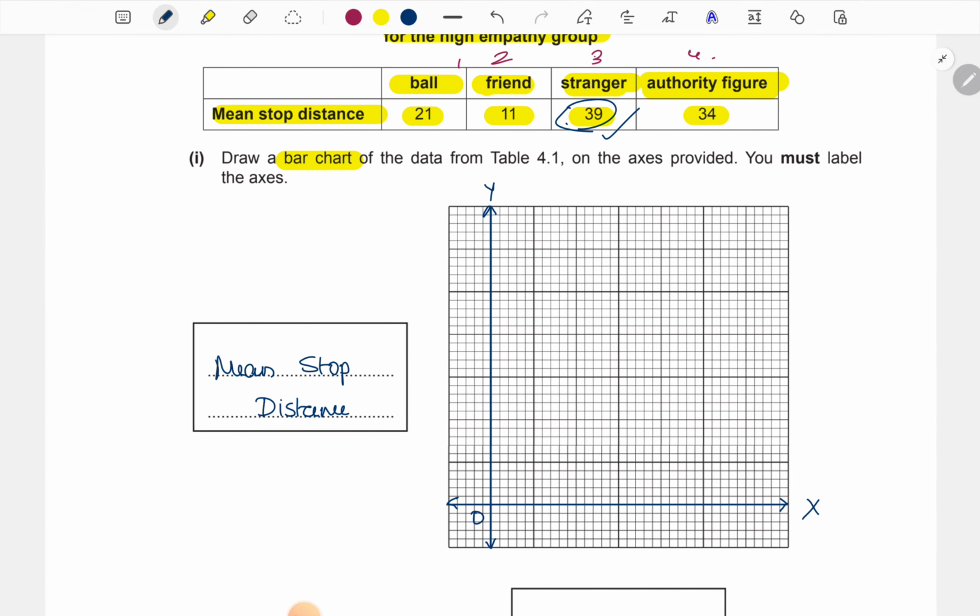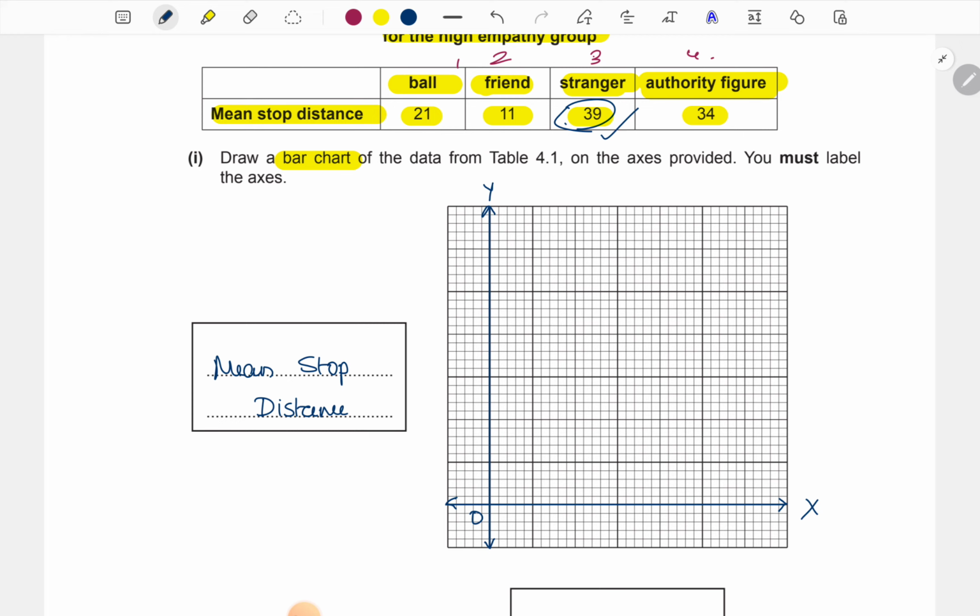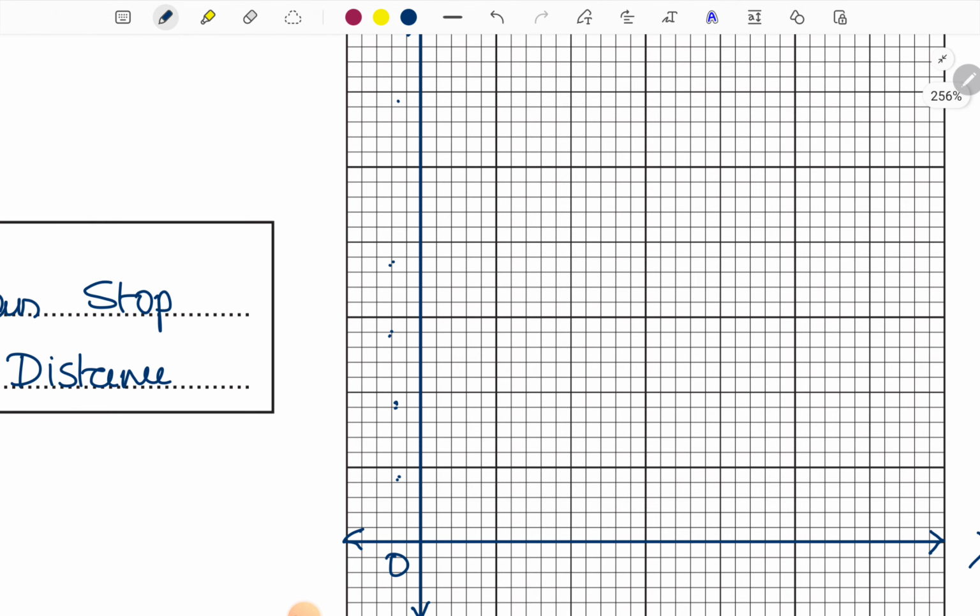So we have to take the y-axis to a point that we can cover up to 39 on it. What if I take a scale of 5? Again, mentally I can check before actually drawing. So 5, 10, 15, 20, 25, 30. Doesn't look like I'll be able to fit in. So let me take 10, 20, 30, 40.